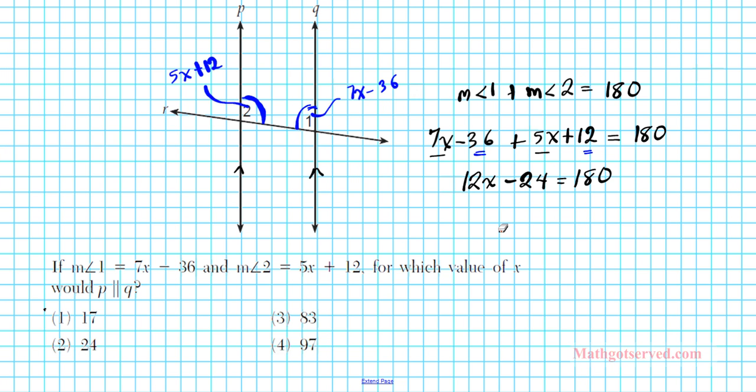And then we add 24 to both sides, and we have 12x is equal to 204. To finally isolate x, we divide both sides by 12, and you have x is equal to 17. All right, so our answer is option number 1.